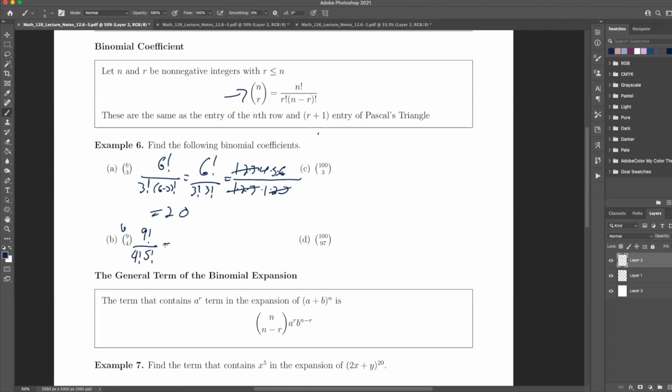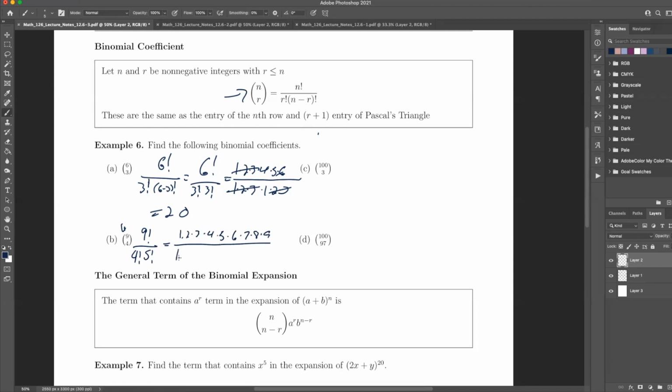And so here, if I was going to do this by hand, I'll do it by hand. So here we have 1 times 2 times 3 times 4 times 5 times 6 times 7 times 8 times 9. That gives me room to write down my answer.